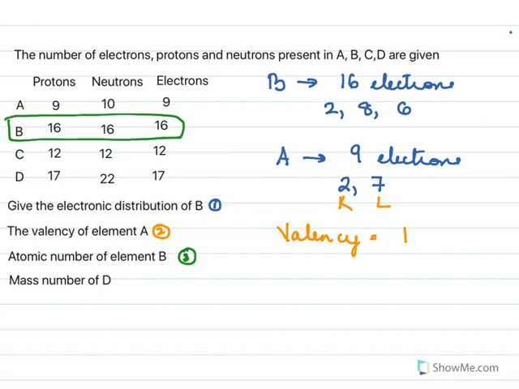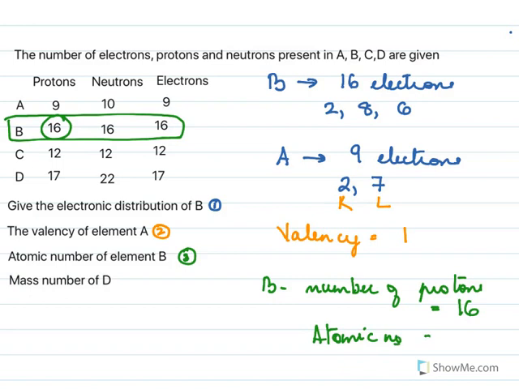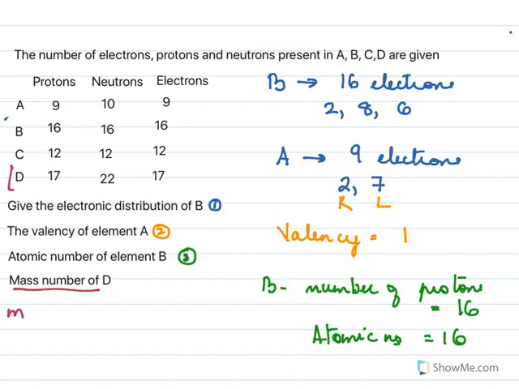For the third, what is the atomic number of B? So here is B. Atomic number is the number of protons. So for B, number of protons equals 16. So atomic number 16. What is the mass number of D?